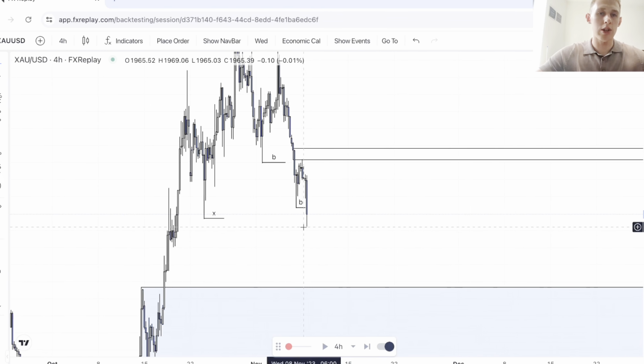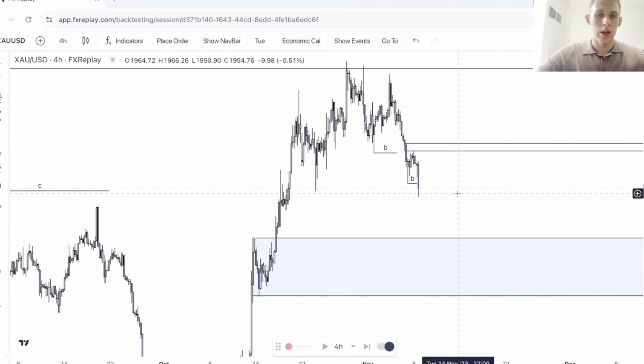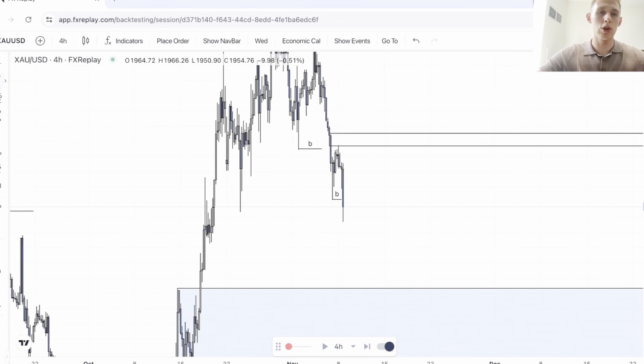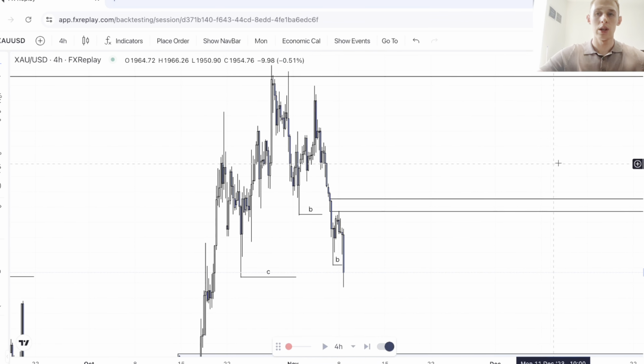And cool, it also took out that 4-hour low that we said was likely to get taken. Cool, and price is also approaching our daily level of demand now. You could also view this as a 4-hour break of structure in the opposite direction to the trend, so this is a change of character.